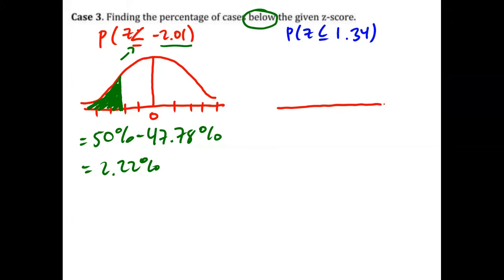Next, we have P of Z is less than or equal to 1.34. So 1, 2, 3, 4. 1, 2, 3, 4. This is 0. So saan yung line natin? Dun sa right. So 1.34 nandito sa part na ito.